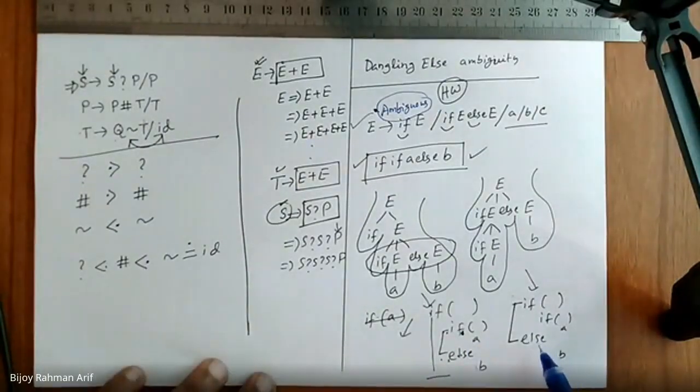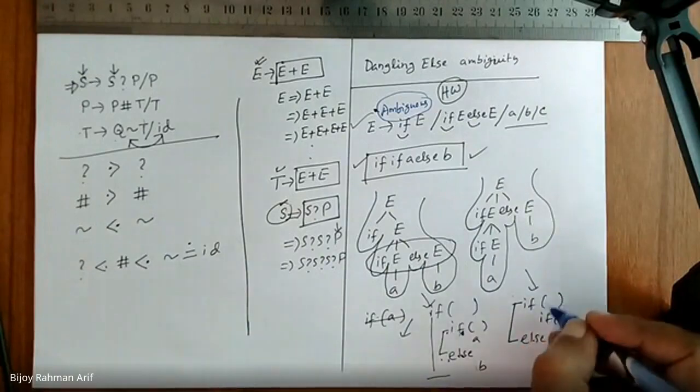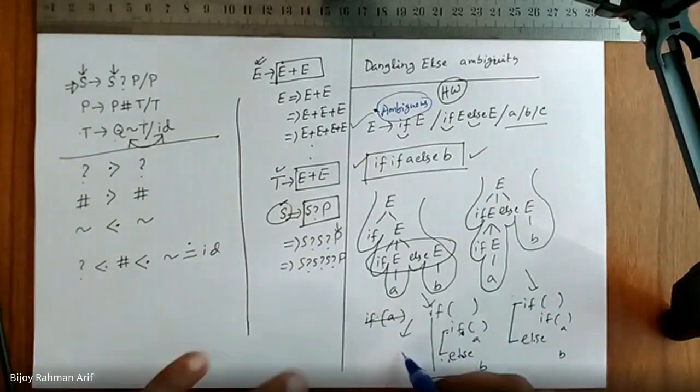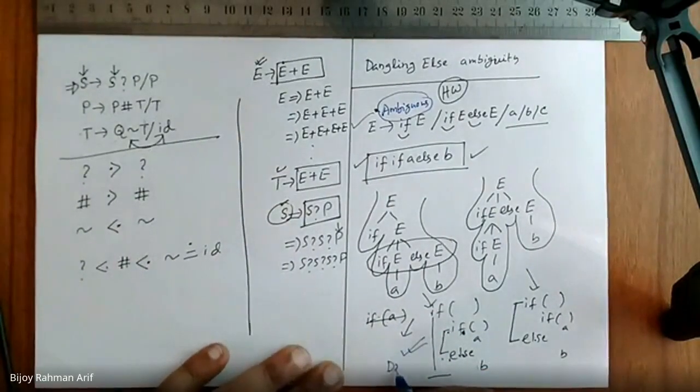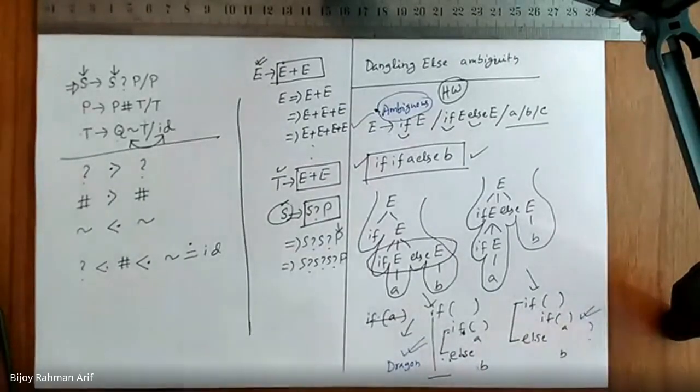In one solution, you join the else with the immediately previous if, and in the other, you connect the else with the first possible if. One way is to connect with the topmost if, another way with the bottommost if. Most probably the second is given in the Dragon book, but you have to also solve this problem. That would be your homework.